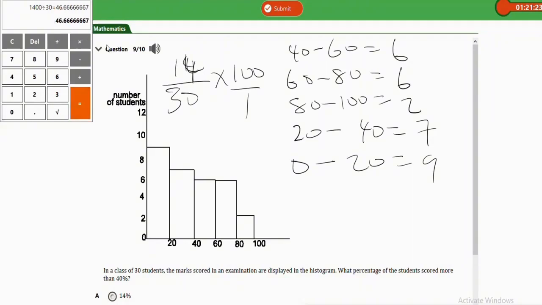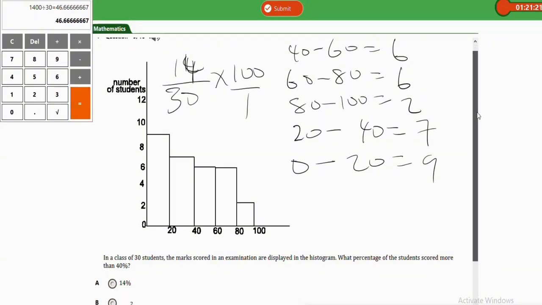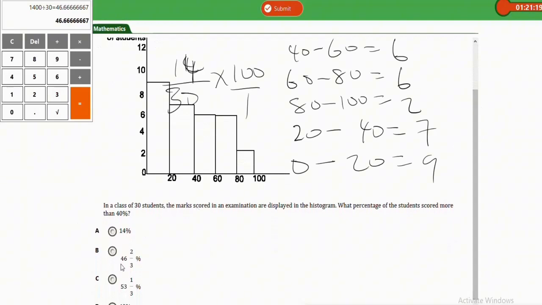So we have 46.66. The correct option in this question will be option B. 46 and 2 over 3 is equivalent to 46.66. So it's as simple as this. Remember, it's in percent.